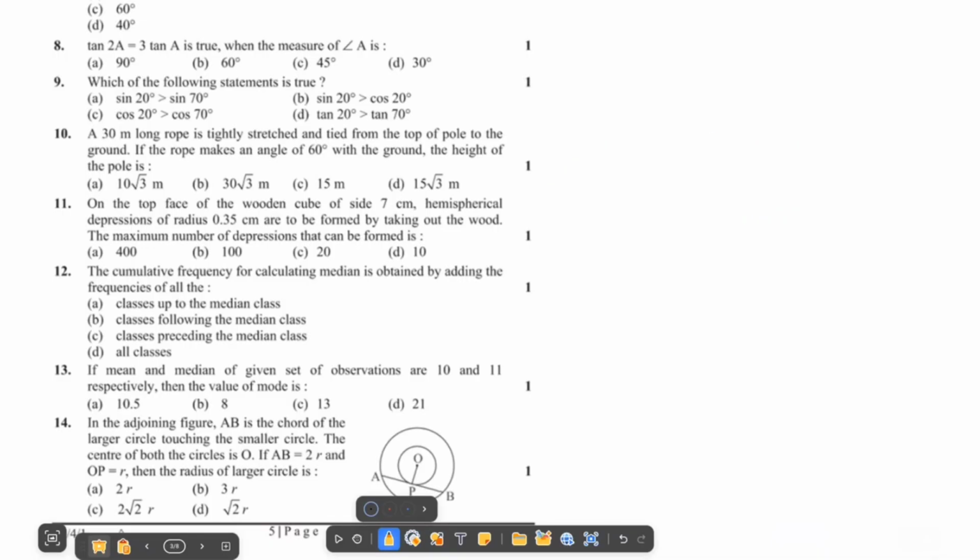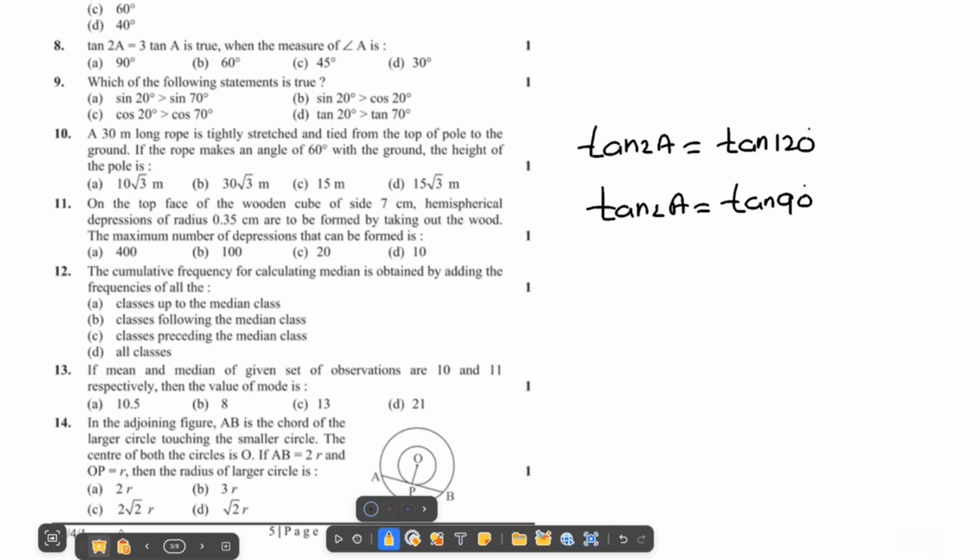Next, let's check option B, 60. Tan 2A is equal to tan 2 into 60, tan 120. Here also we don't know the value of tan 120. So option B, let's keep it aside. Next, let's check option C. Here a is 45, right? So 2 into 45 is 90.